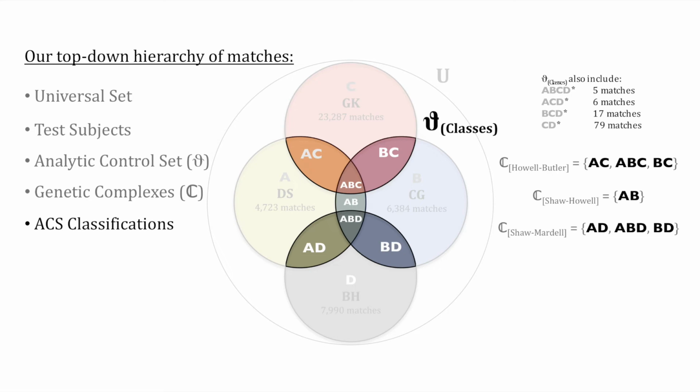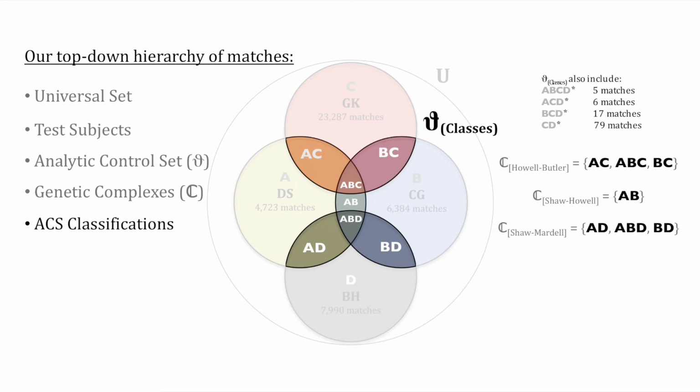While ACS classifications may share a most recent common ancestor, and therefore belong to the same genetic complex, the internal similarities of each class suggest that matches within a given classification represent shared DNA from a particular ancestral line or set of lines.